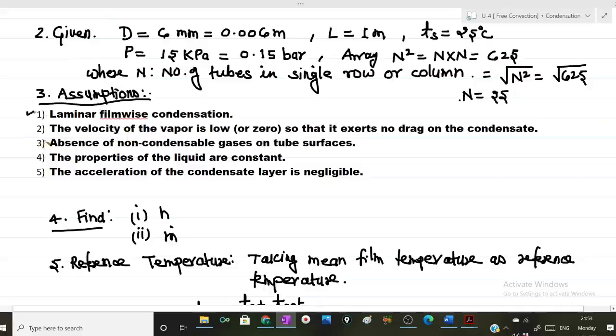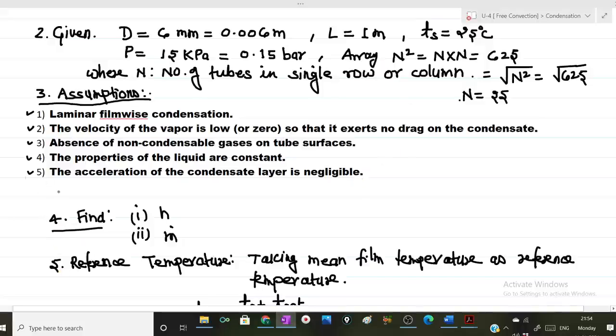Assumption number 1, laminar film condensation. 2, the velocity of the vapor is low or zero so that it exerts no drag on the condensate. 3, absence of non-condensable gases on the tube surfaces. 4, the properties of the liquid in the form of condensate are constant. And last, the acceleration of the condensate layer is negligible.